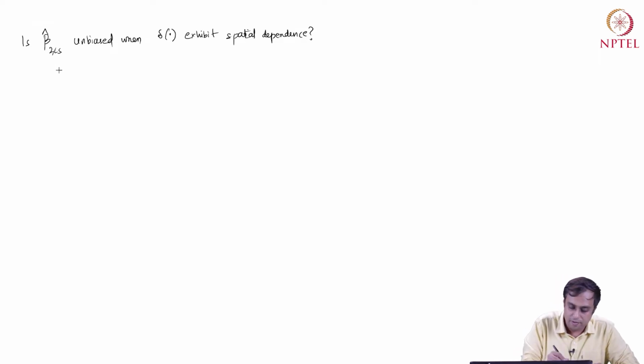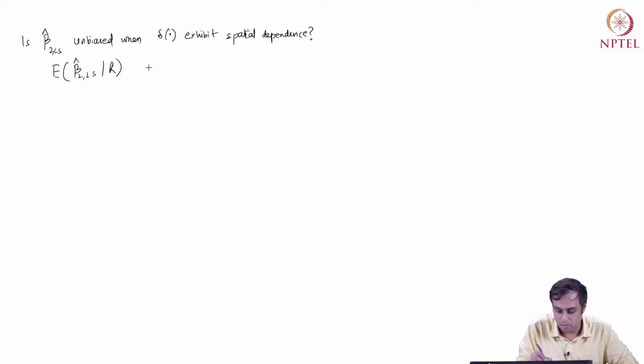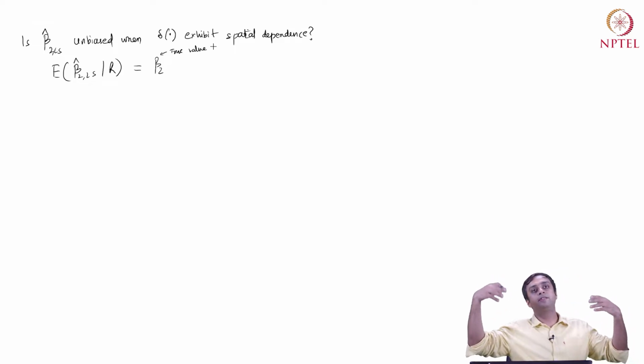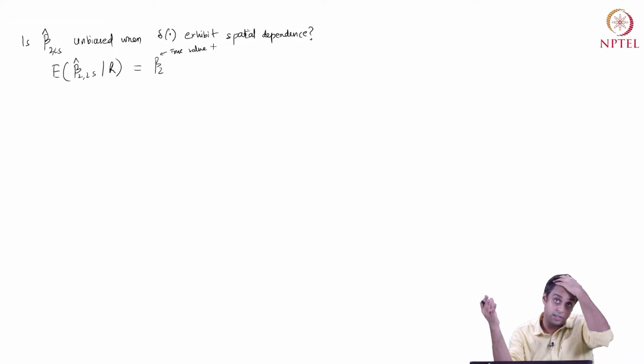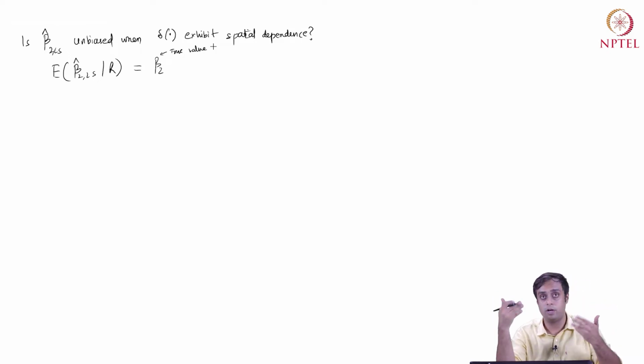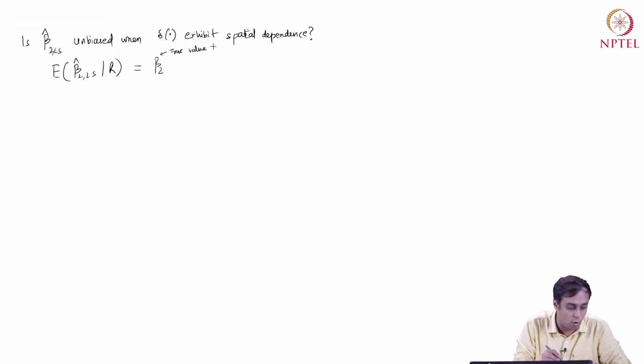So what we have basically asked is, does the expectation of beta hat 2 LS given the data R on R equal beta 2, where beta 2 is the true value, which is the population model, right? It's the truth that we are after. We don't ever observe the truth, but we are still able to figure out whether or not what we have gotten from a data-driven estimate is close enough to the truth.